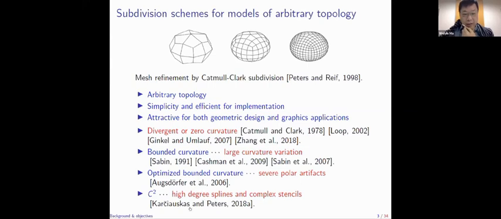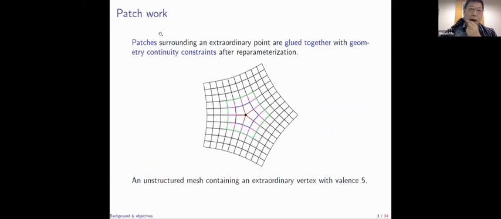In the literature, there are also some constructive schemes where we could also achieve C2. However, the stencil is very complicated. There is also other work, in connection to what we present here, which people call patchworks.